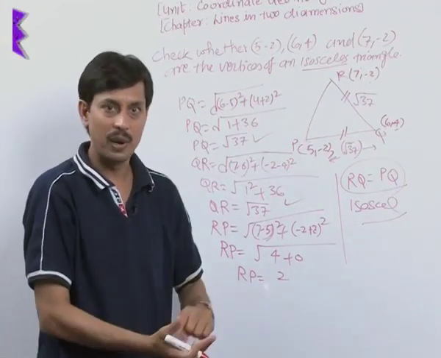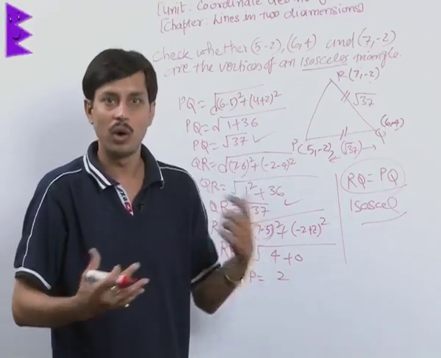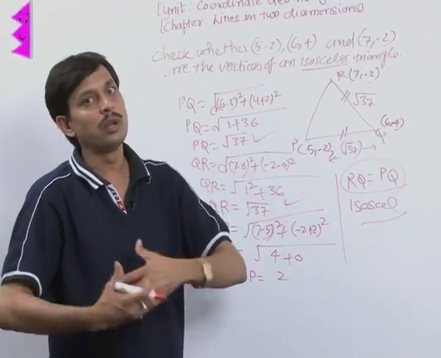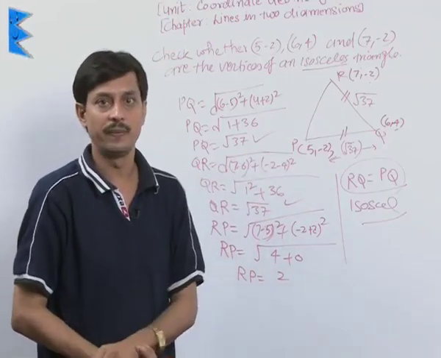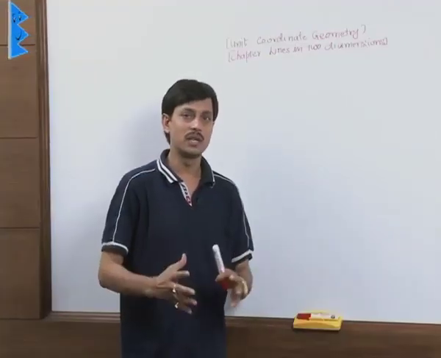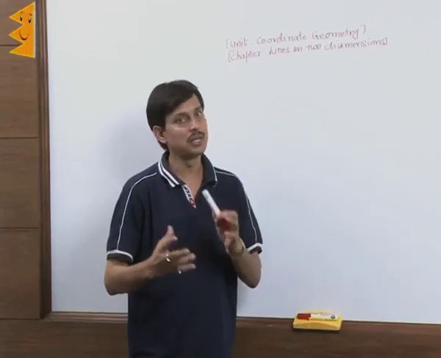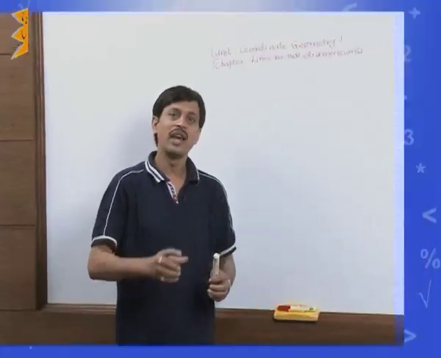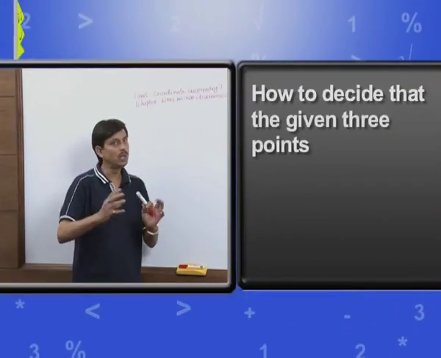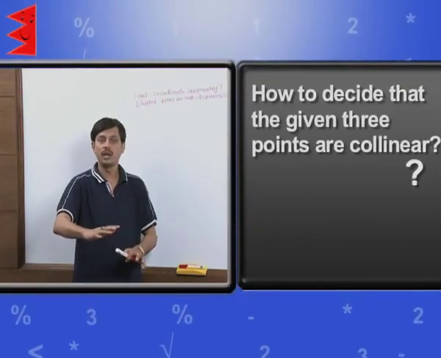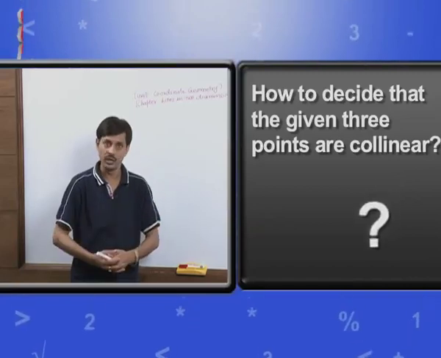Now we will apply the same formula in quadrilaterals and also in finding the areas and also for proving the collinearity. Now we will discuss some more applications of this distance formula, like how to decide that the given 3 points lie in a line, meaning they are collinear.